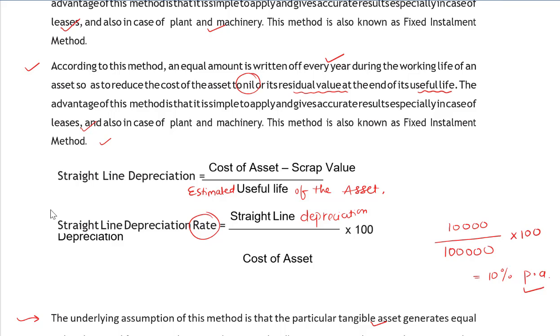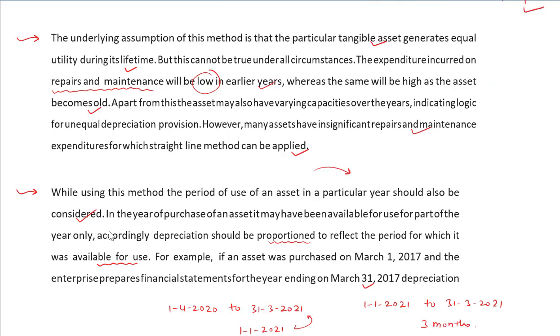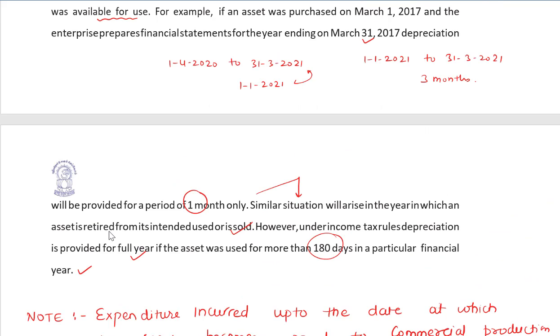By this formula, we can calculate the straight line depreciation amount. For calculating the straight line depreciation rate, the depreciation amount divided by the original cost of the asset and multiplied by 100 gives the rate in percentage form.